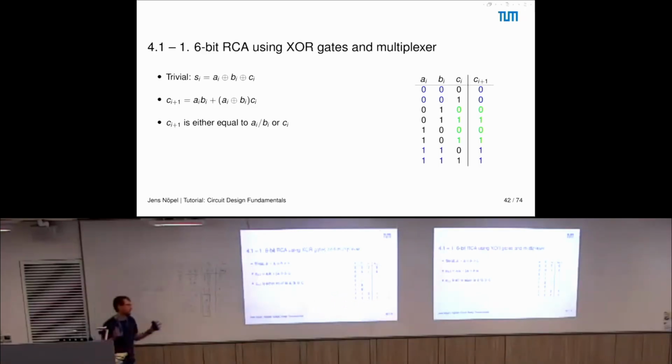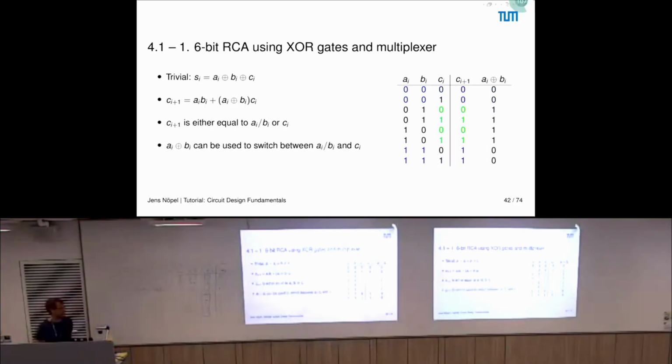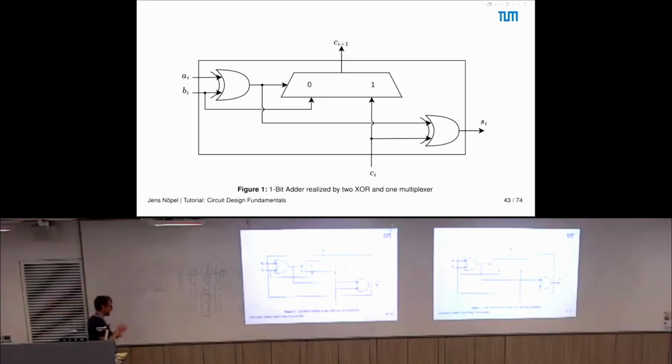So it's also on the slides. You don't need to draw that. So this is what I talked about, exactly the same thing. And the nice thing is that this A XOR B can now be used as a switch for using A or C. So how does the resulting circuit look like?